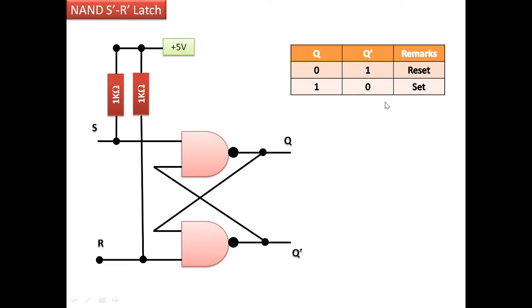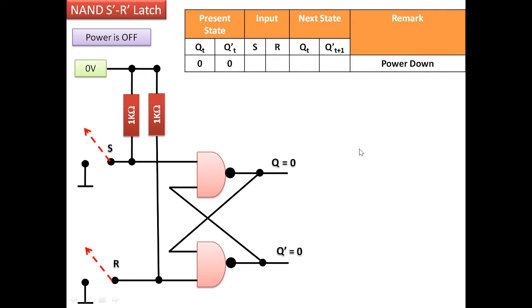This is true for any type of latch, whether the latch is constructed out of other gates, or it's a gated latch, or it's a JK, or it's D, or it's SR, whatever it is, the output is the same. Now let's see how this circuit works.